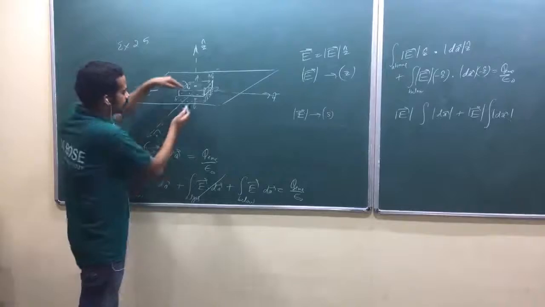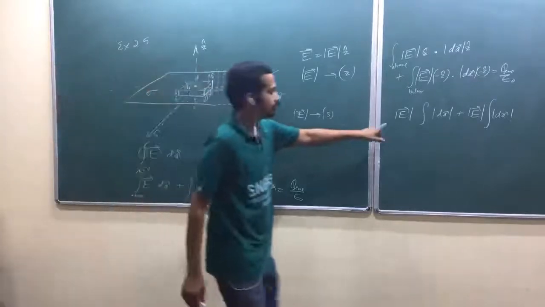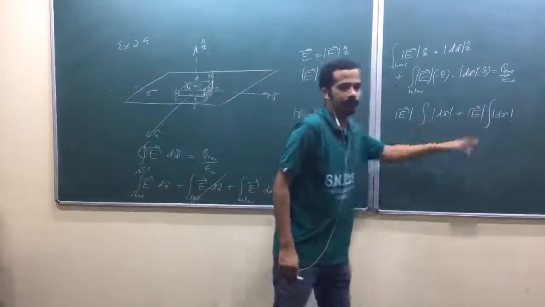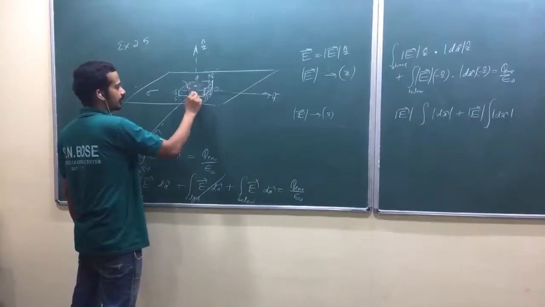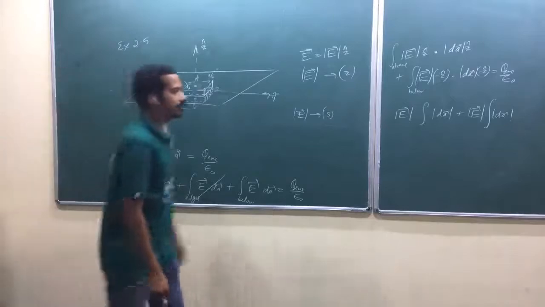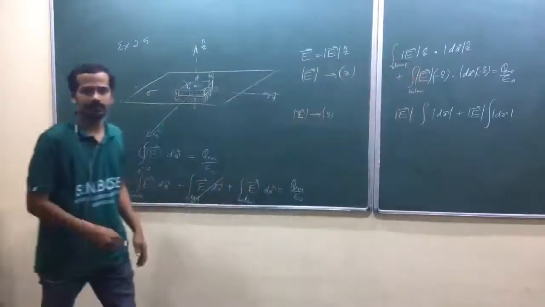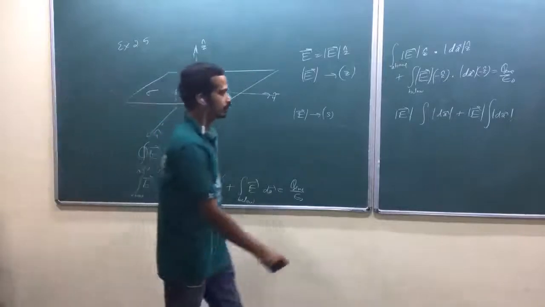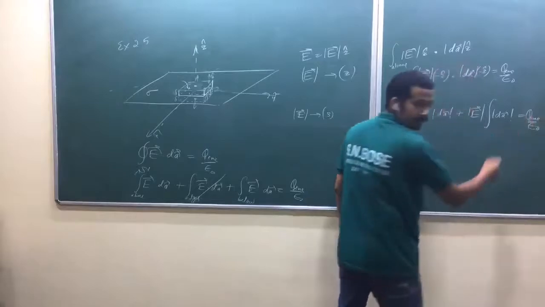Since these two points are symmetrically situated, the magnitudes should be the same, at the same distance from the plane. Again, the area I have taken as some area A. So that's why this is equal to. Can you see this one?